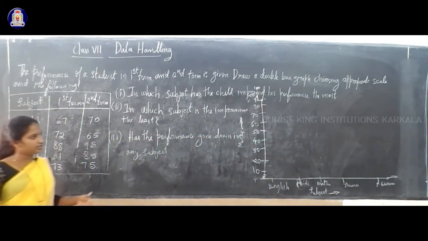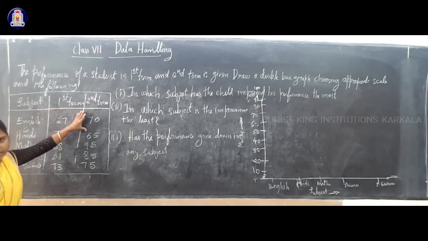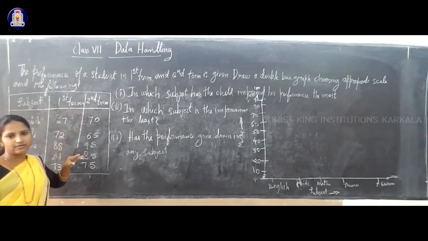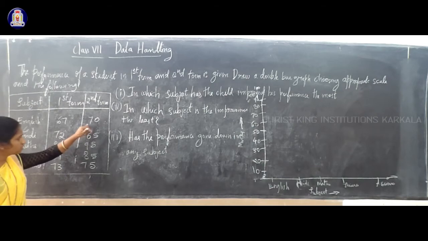So after writing marks in the vertical line, next what you have to do? Now see, in the first term, in the subject English, he scored 67 marks, and in the second term 70 marks. That means the marks increased, 67 increased to 70.